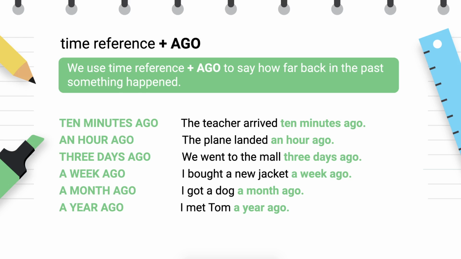We went to the mall 3 days ago. A week ago. I bought a new jacket a week ago. A month ago. I got a dog a month ago. A year ago. I met Tom a year ago.